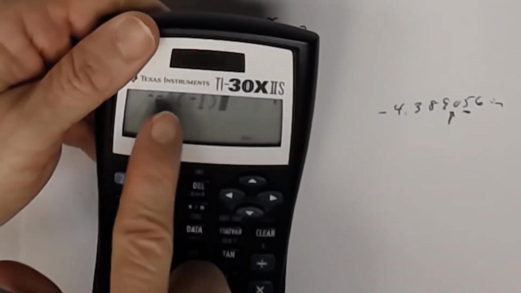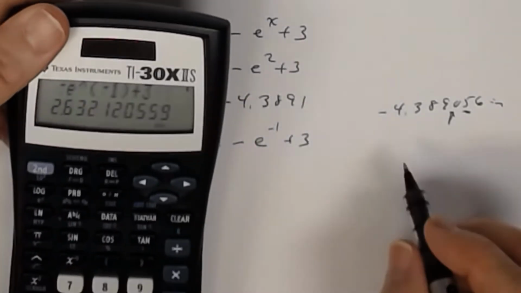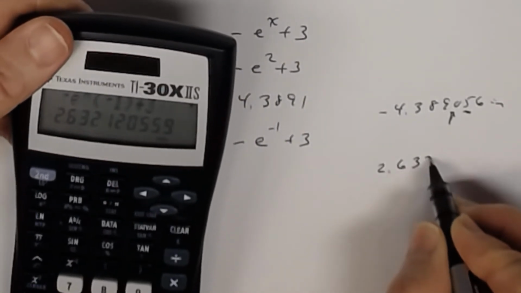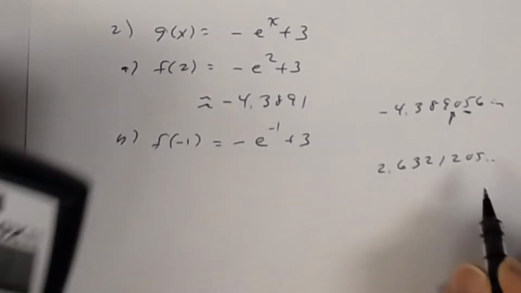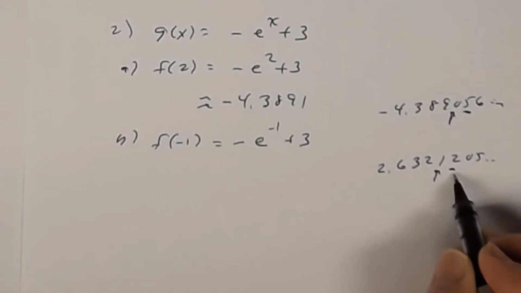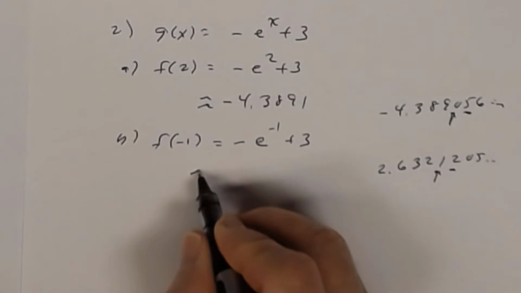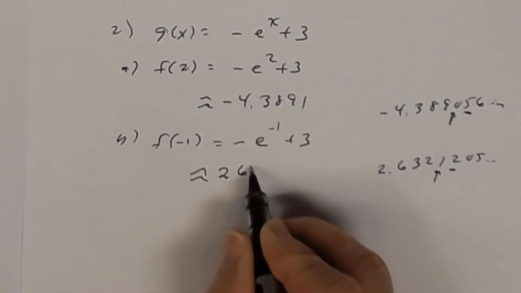The calculator is going to find this first, and then whatever that is, add 3 to it, and you get this. So let's see, we get 2.632120.5, and so on. So the 4 decimal places, 1, 2, 3, 4. You got to look at the 100 thousandths place. Since this number is less than 5, the 1 stays 1. So that'll be approximately equal to 2.6321.